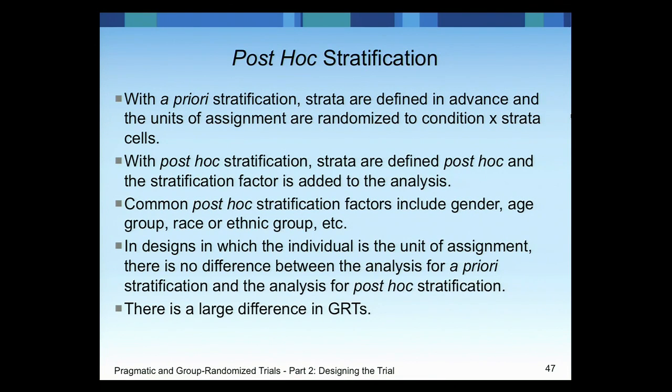That necessarily limits the kinds of things that we can apply post-hoc stratification to, because these need to be things that are generally measured at an individual or member level, so things like gender, age, race, ethnic group, things like that. If it's a group factor, we may not be able to stratify post-hoc at all. And analytically, there are big differences between a priori and post-hoc stratification, particularly in group randomized trials. We'll talk about those issues in the next module.